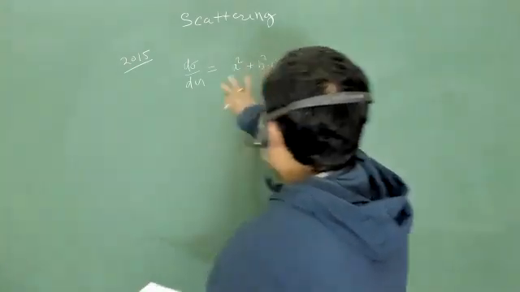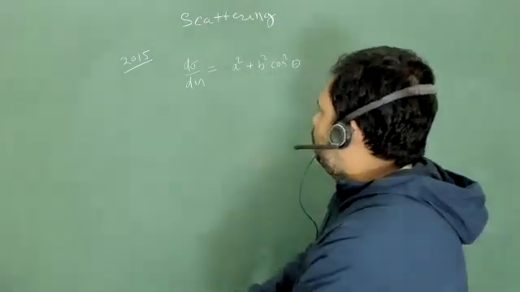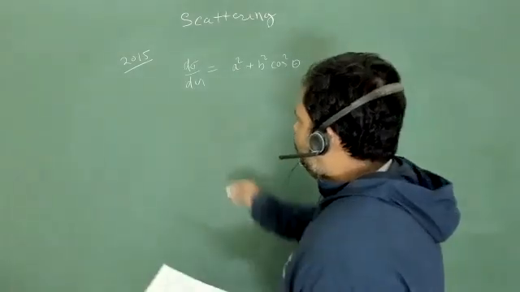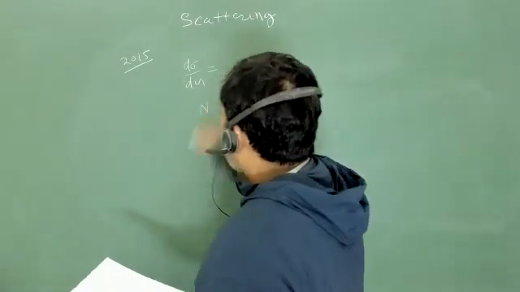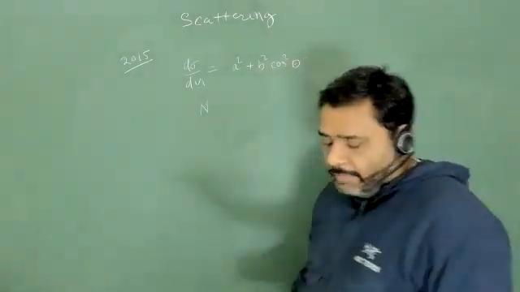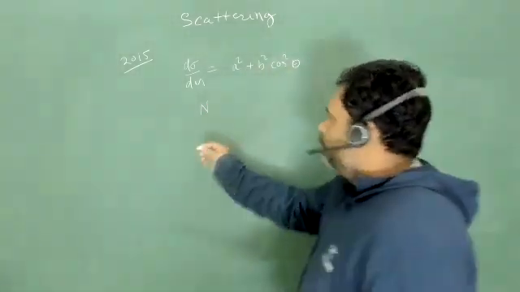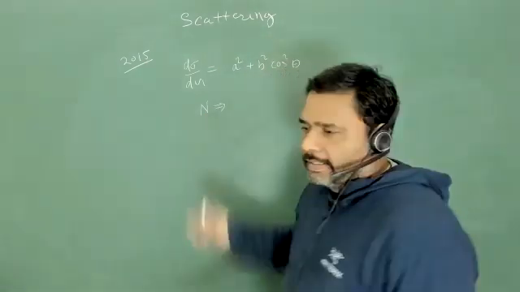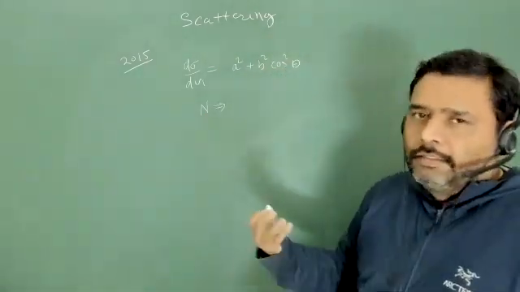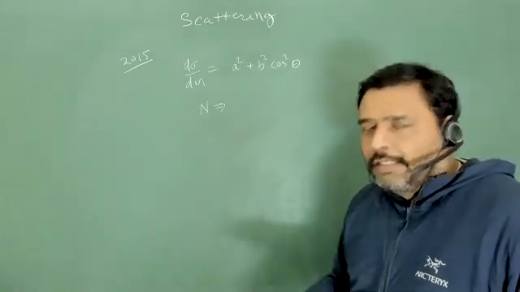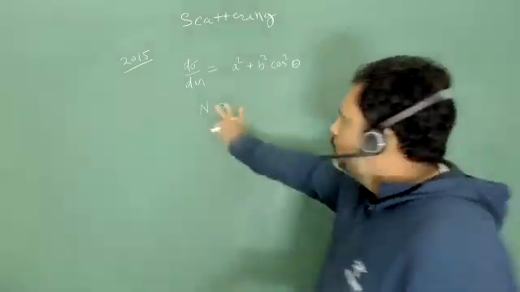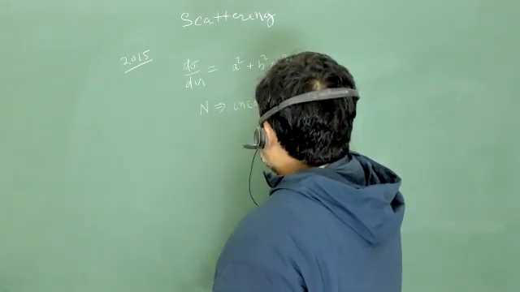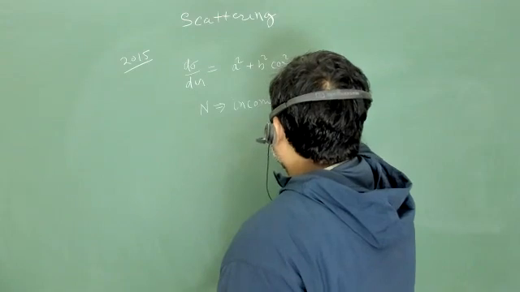So this is the profile of d sigma upon d omega, and it depends on theta. And if n is the intensity of incoming particles, or flux of incoming particles, all these things are the same. Intensity or flux is the number of particles per unit area per unit time. So n is the incoming intensity.